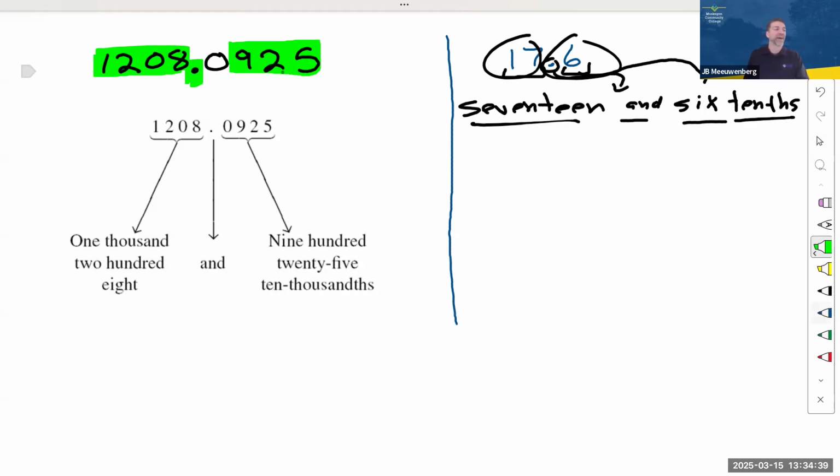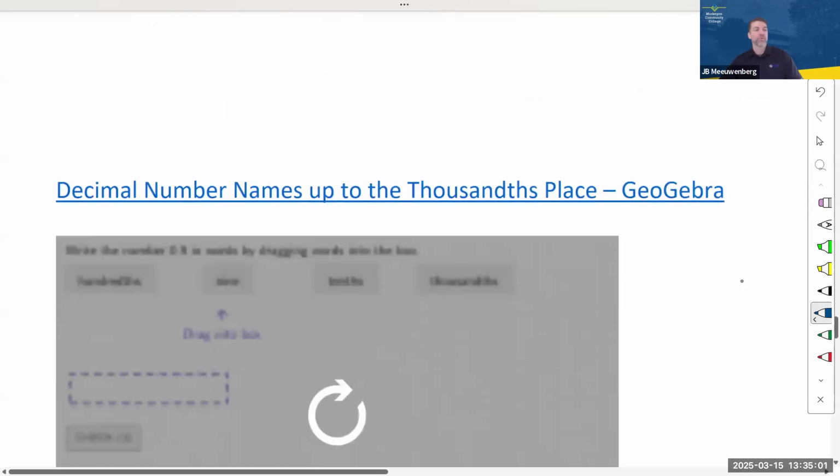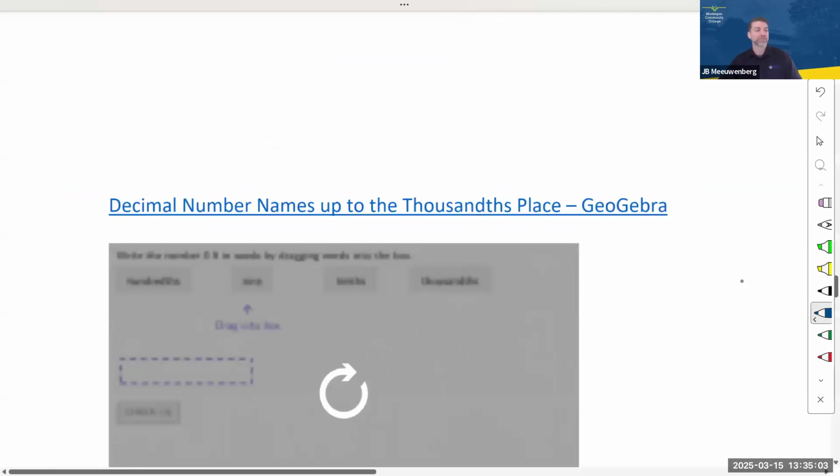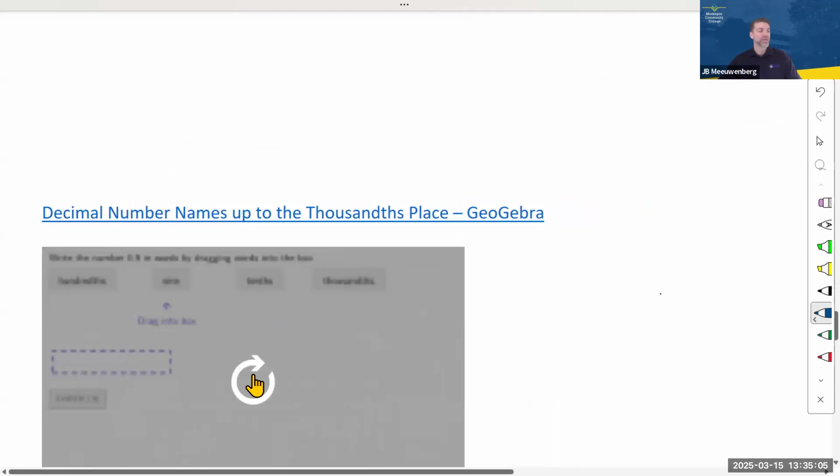And then we would say the place value of that final digit on the right: tenths, hundredths, thousandths, 10,000ths. So this would be read as 1,208 and 925 10,000ths.